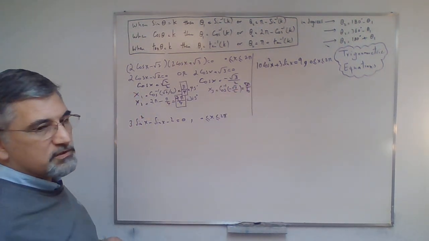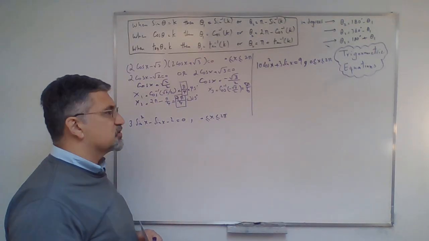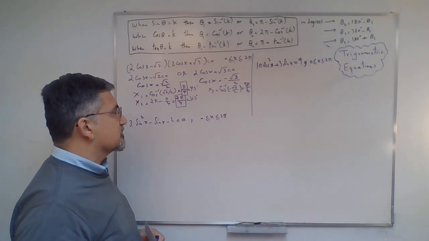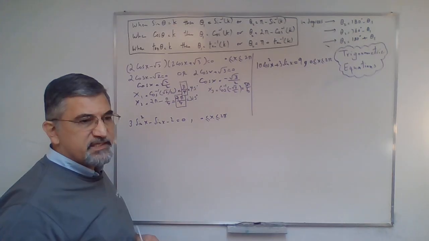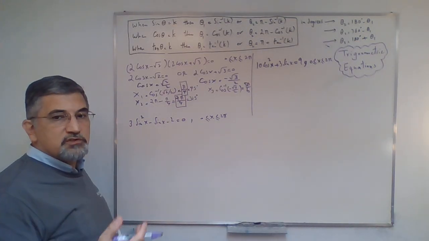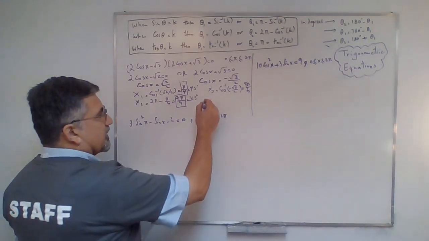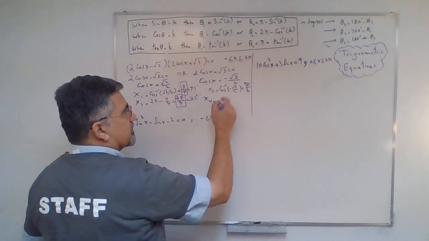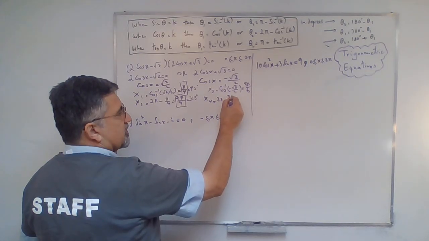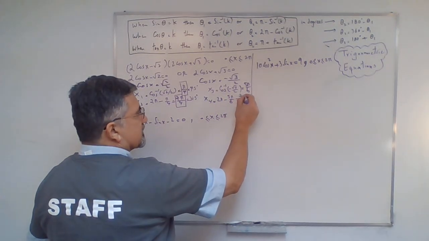Even if you don't use calculators, by drawing a diagram of an angle in standard position, you will figure out that cosine of 5 pi over 6 in the second quadrant is negative root 3 over 2, because root 3 over 2 is one of those trig ratios of special angles. And x sub 4, again, is going to be 2 pi minus 5 pi over 6, which is 7 pi over 6.